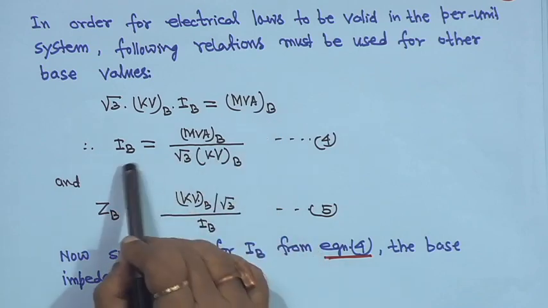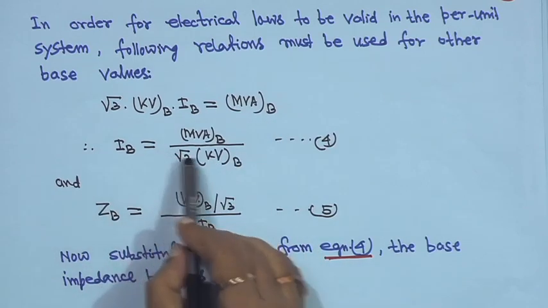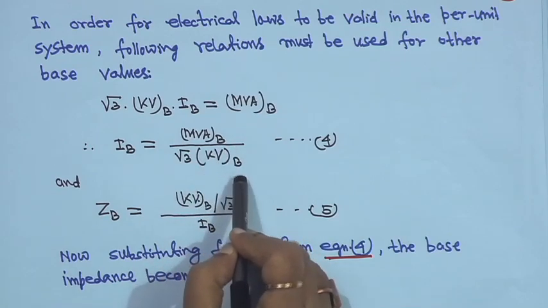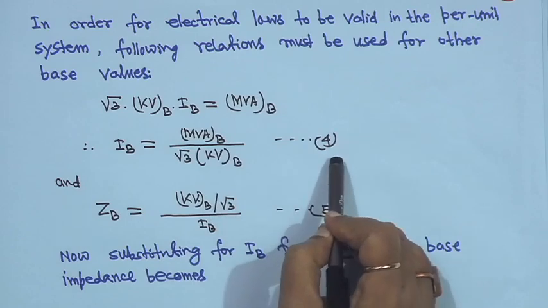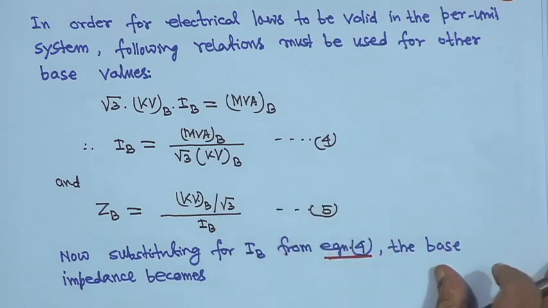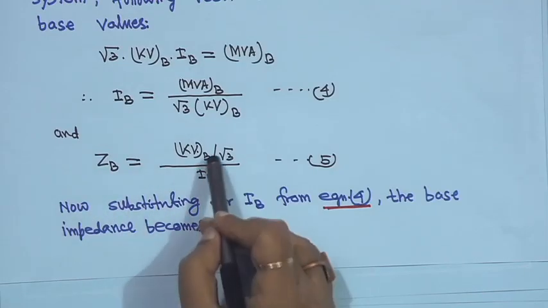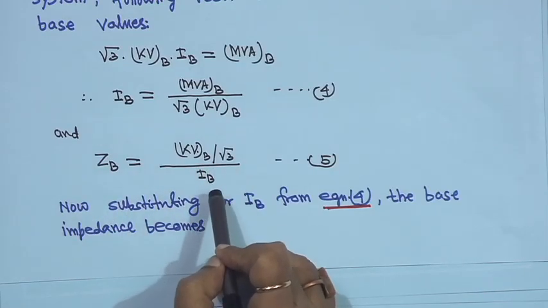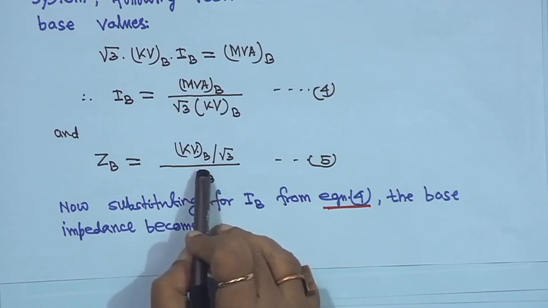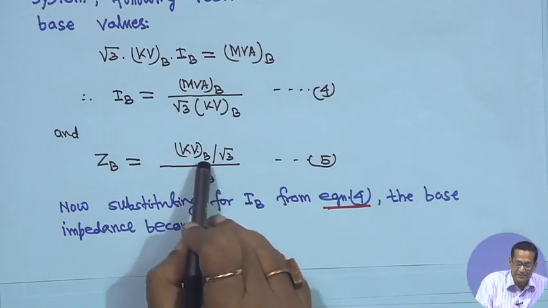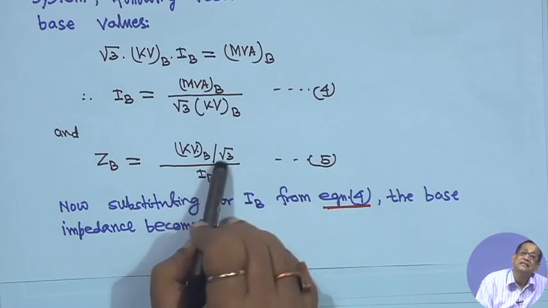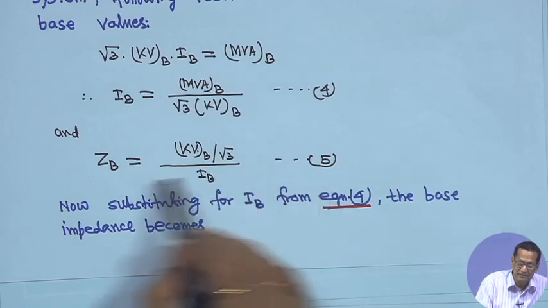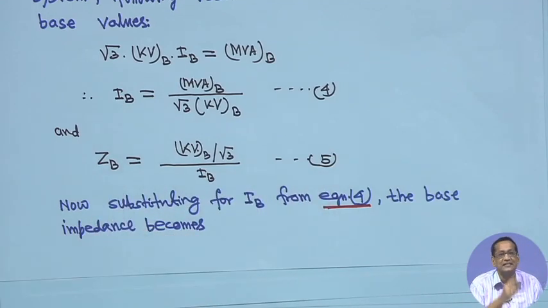That is, IB, the base current, you can calculate as MVA base divided by root 3 into kV base. Suffix B everywhere is used for base. This is equation 4. And ZB is equal to kV base upon root 3 into IB, because kV base is the line voltage. That means this kV base you divide by root 3, so it will be the phase base voltage divided by IB. This is equation 5, the base impedance.